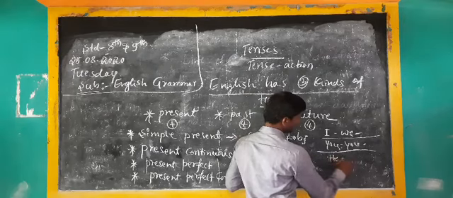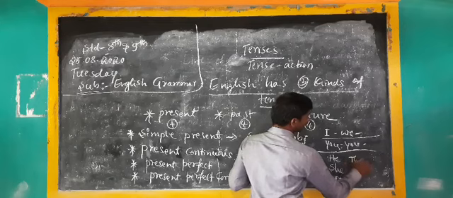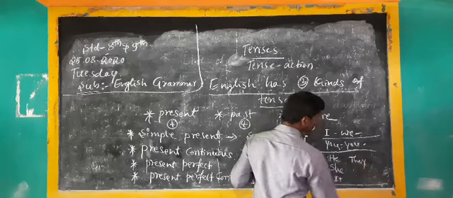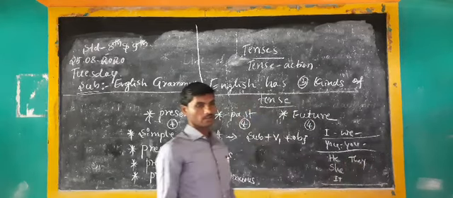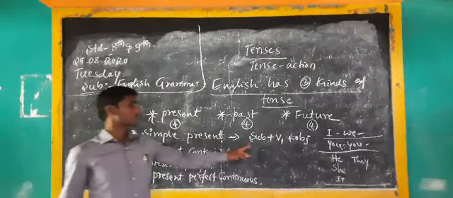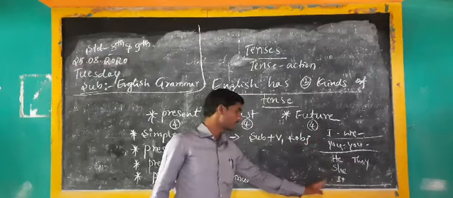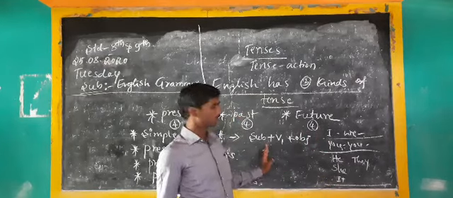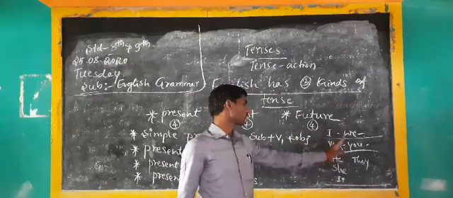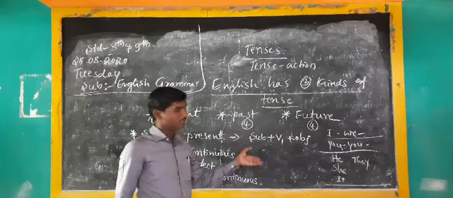In the same manner, he, she, it and they are considered as third person singular and plural. We have to consider I, we, you, he, she, it, they as the subject.